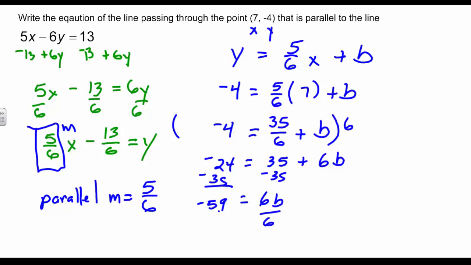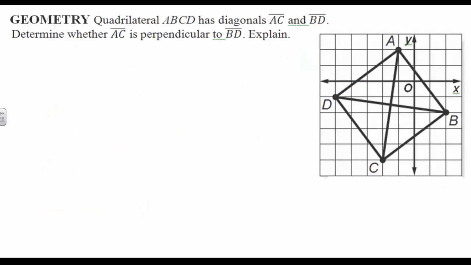Divide both sides by 6. So I get b equals negative 59 over 6. And thus, the equation of this line will be y equals 5/6 x minus 59 over 6.